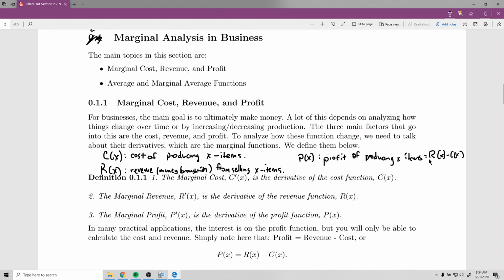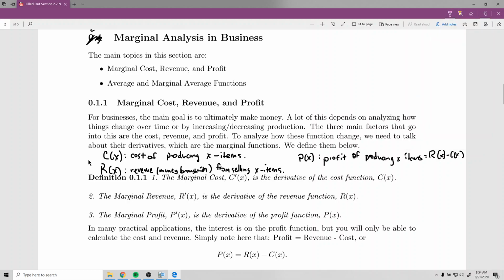So if you sell your 10 shirts for $10 each, and they cost you $2 each to make, then R of 10 would be 100, C of 10 would be 20, and your profit would be 100 minus 20, which is 80.